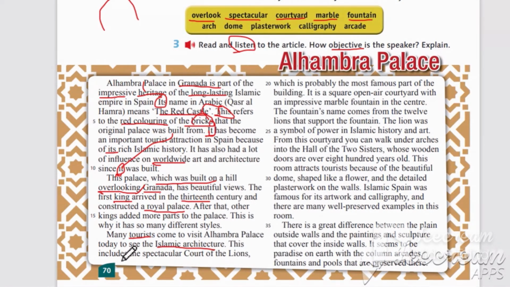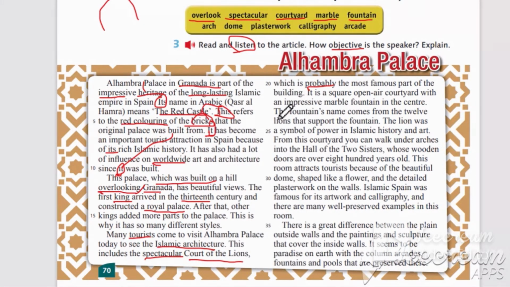This includes the spectacular court of lions, the spectacular, the Court of the Lions as they call it, located in the Alhambra Palace. Spectacular means amazing. Okay, the amazing court, the amazing Court of the Lions, which is probably the most famous part of the building, and it is most likely the most important part in this building.